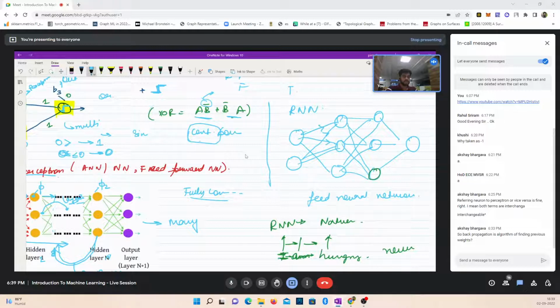So when you input some entry, the information will flow in this forward direction only. What happens in RNN is, from this layer you can again have one more connection in the backward direction. So whatever information you learned over here can be fed back into the earlier information, and then it can be passed further ahead.